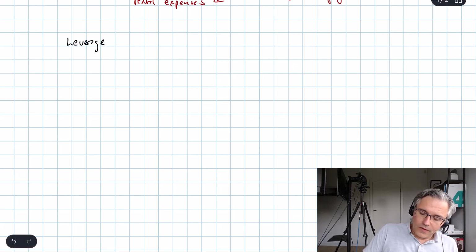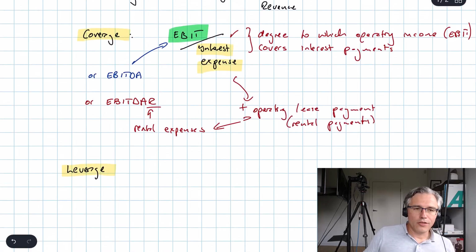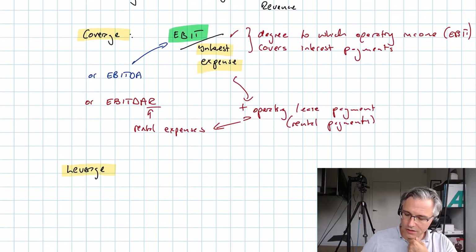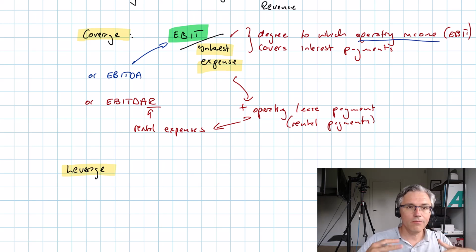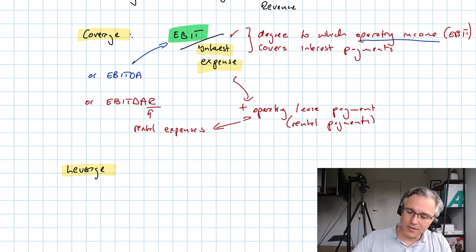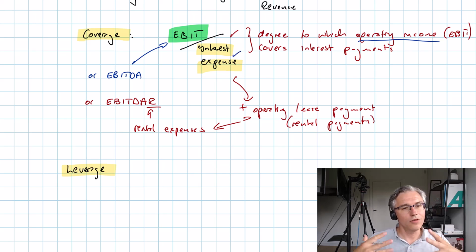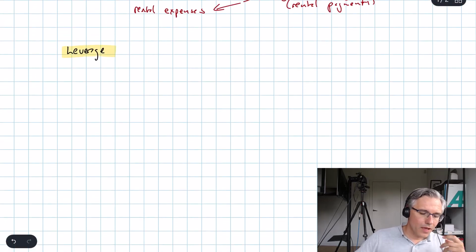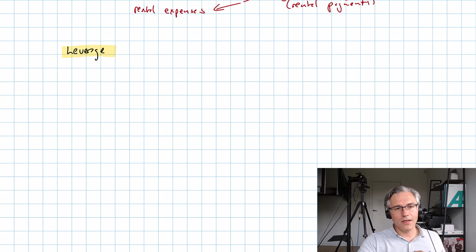So look, the way to be able to match them is coverage measures the degree to which operating income or some variant of it covers debt-related payments, be they pure interest expense or interest expense plus principal payments, right? If you've got a ratio that's structured in this way, it will belong under the heading coverage. Leverage measures, as we said in a previous video, the relative extent to which a company relies on debt funding.